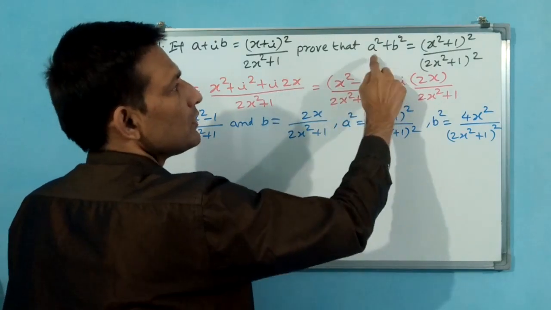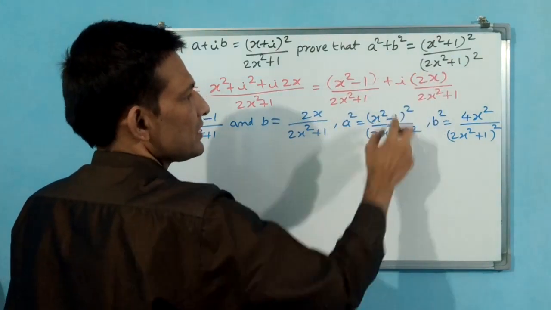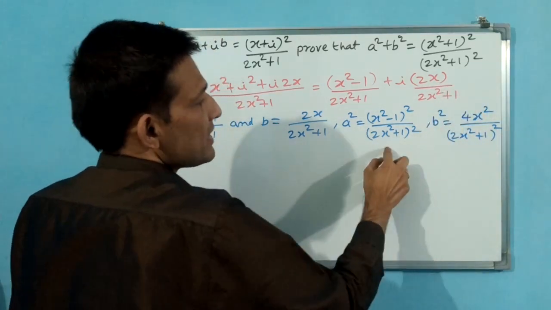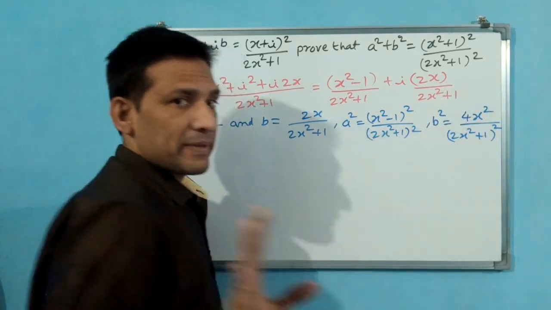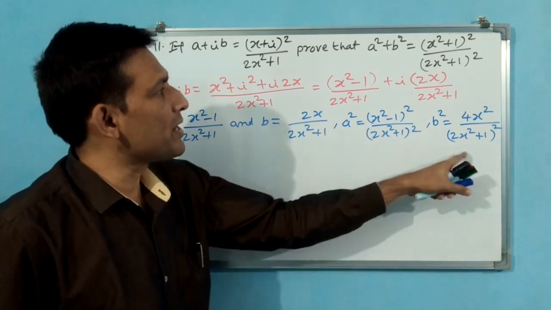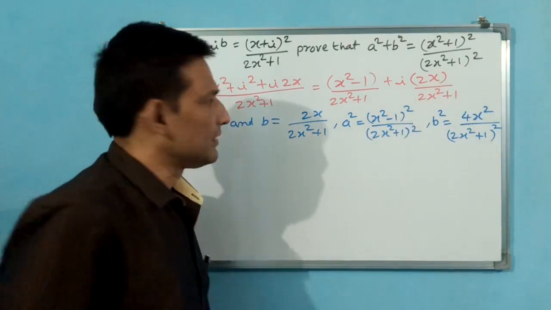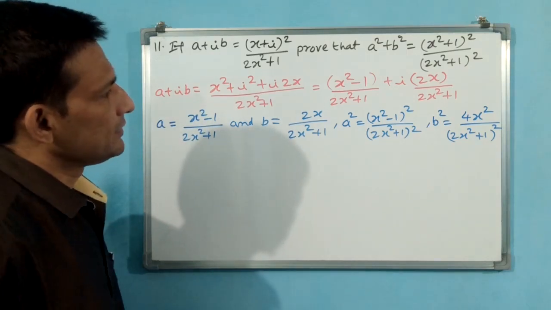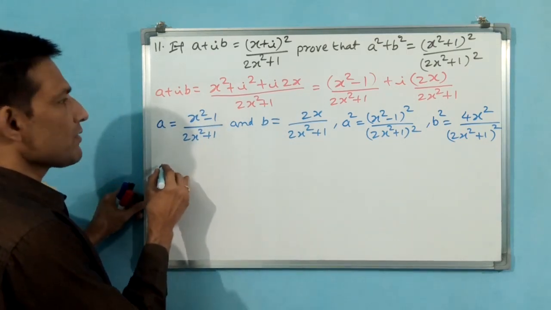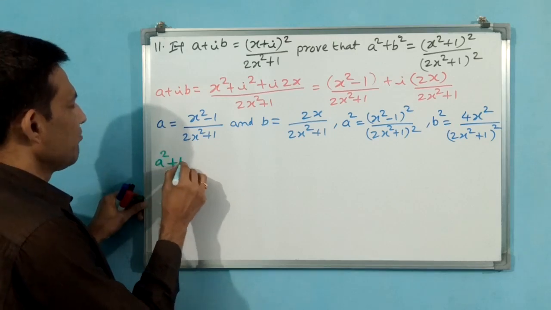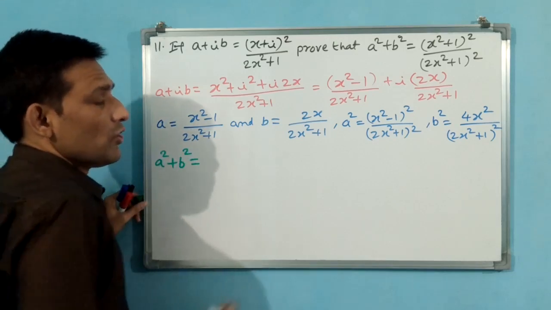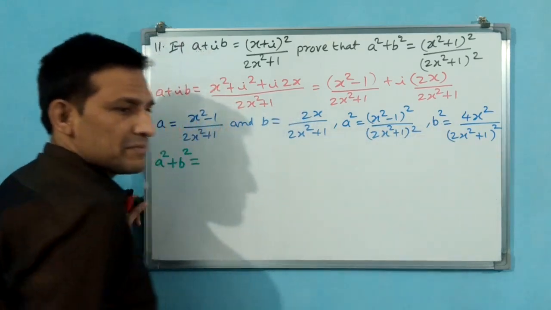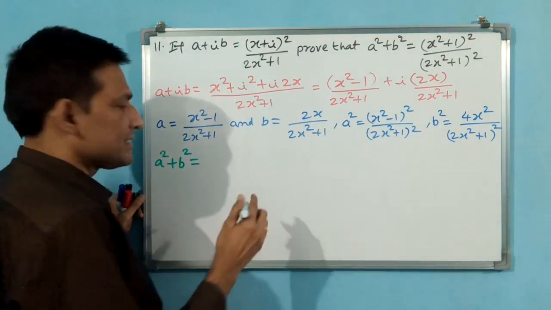You have to prove a square plus b square is equal to this much. Then you add these two, the final result should come to this one. That is why, see, 50% of the result has already come. You see, the denominator matched. Okay. Let us take a square plus b square is equal to, you see, when both denominators are the same, I will take the denominator as the LCM.